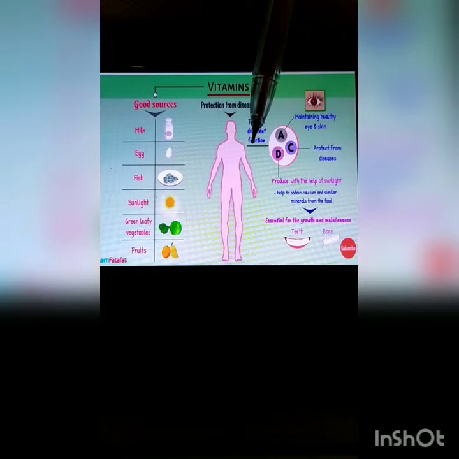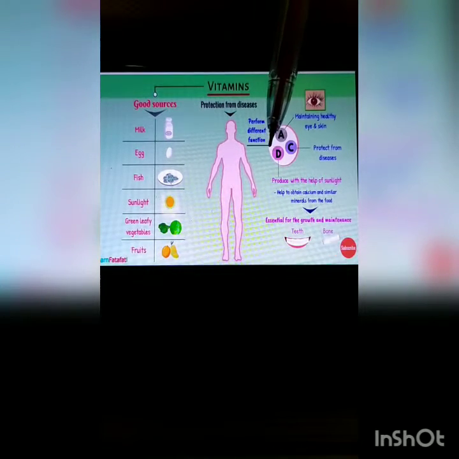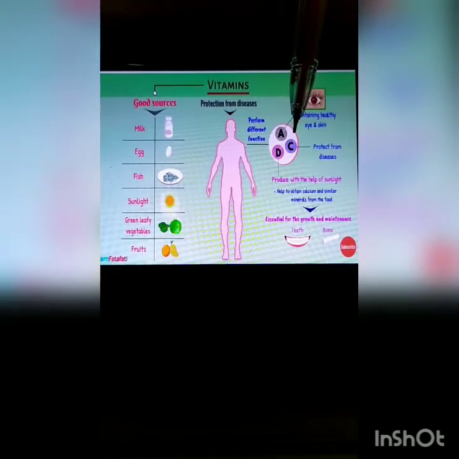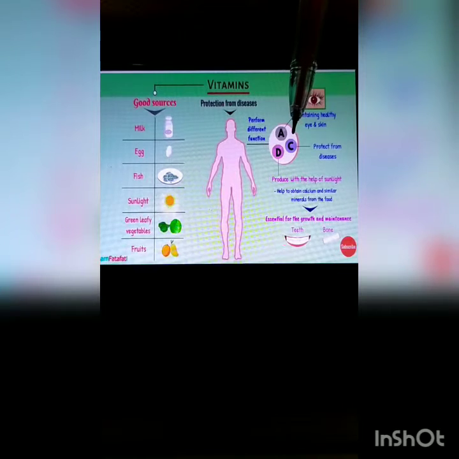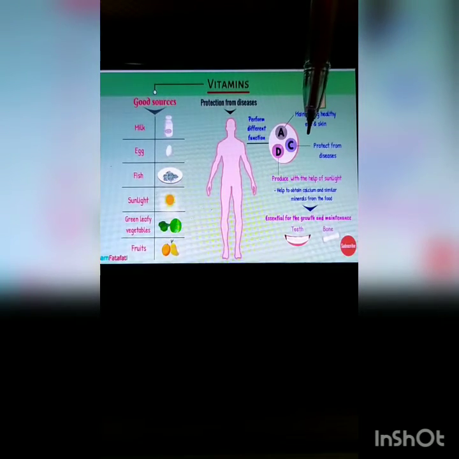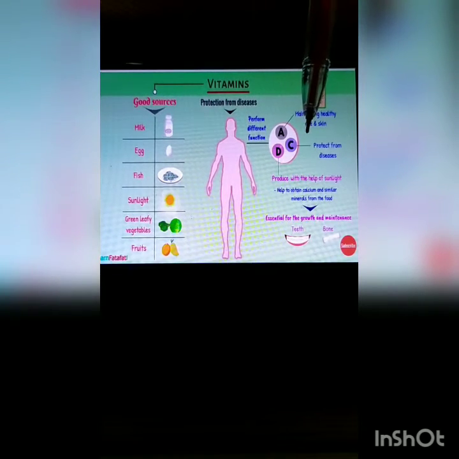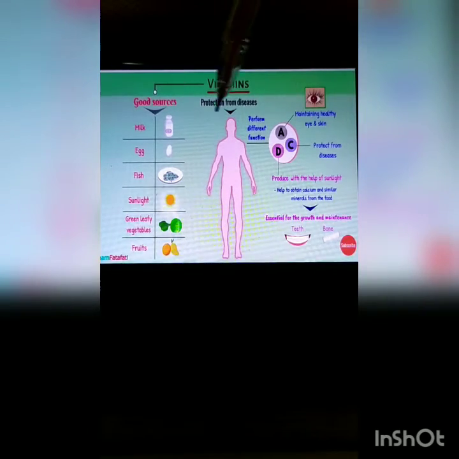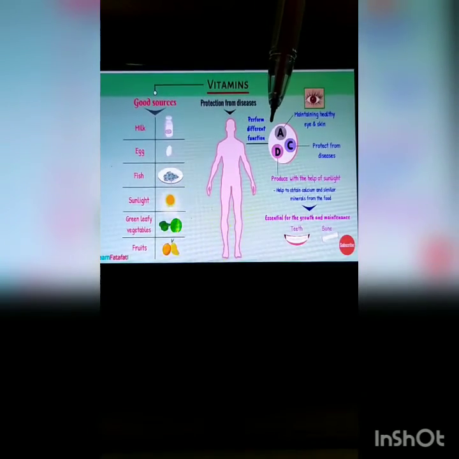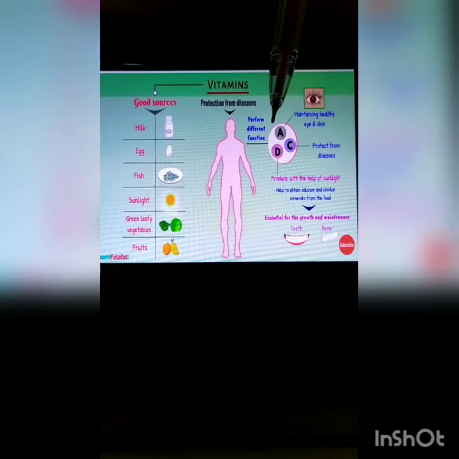There is also a group of vitamins called the vitamin B complex. We have heard about vitamin B1, vitamin B12. Those are important, and our body needs all these types of vitamins in small quantities.